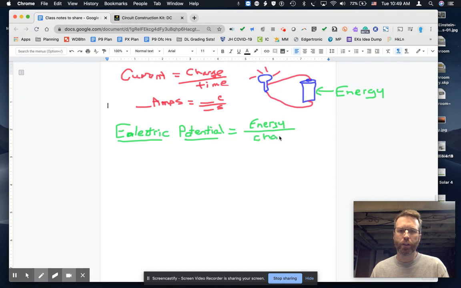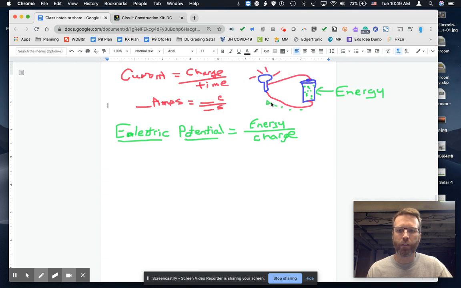Now, we just talked about the idea that from a battery, energy can light up a bulb. Inside that battery are a lot of atoms, and those atoms have electrons and protons as part of them. Those electrons, negatively charged particles, can flow through wires, because the wires have them too.